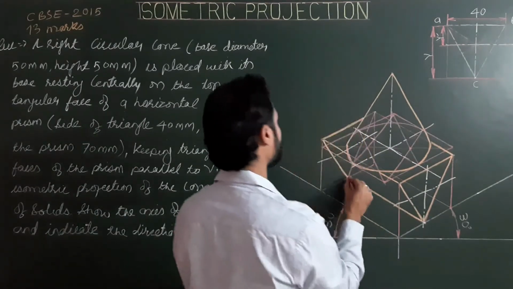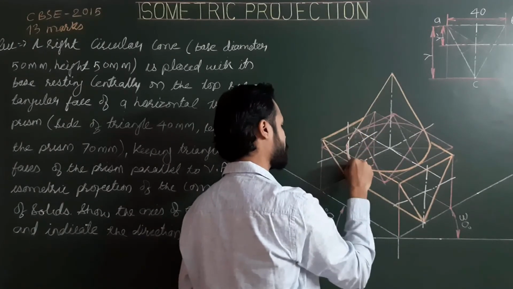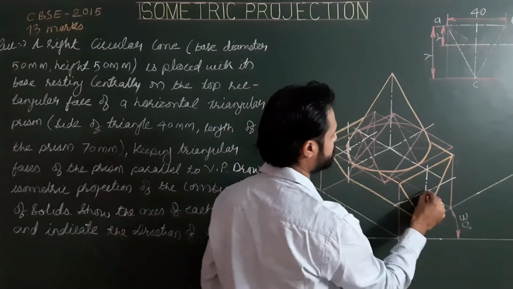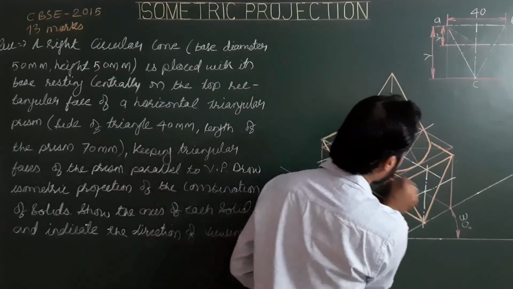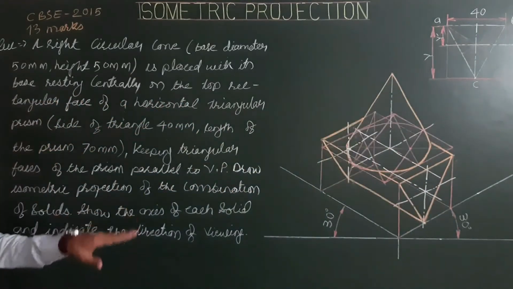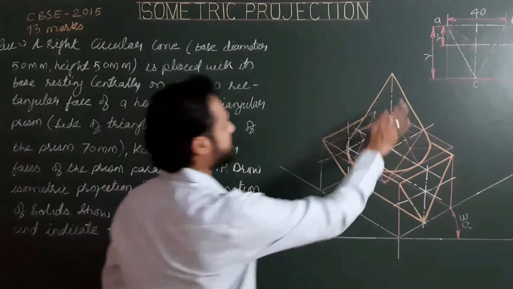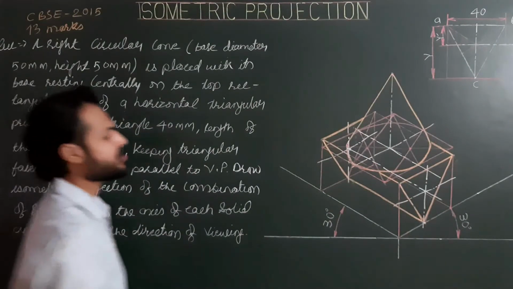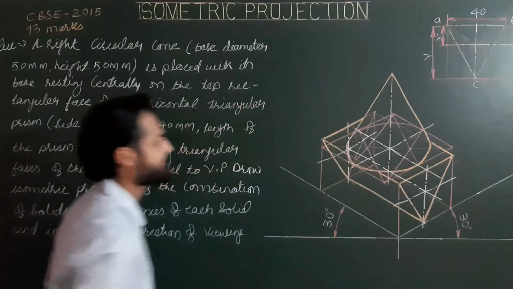This is the corner. This is the center of the rear base, and this is the center of the front base. Last, the solid axis of the prism. The axis is parallel to HP and perpendicular to VP, and the axis of the cone is perpendicular to HP. And for the combination, these two axes are intersecting axes.